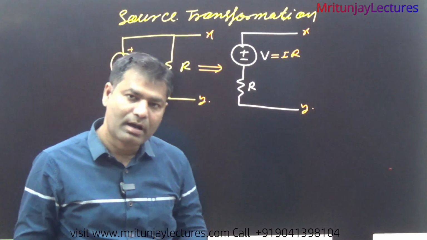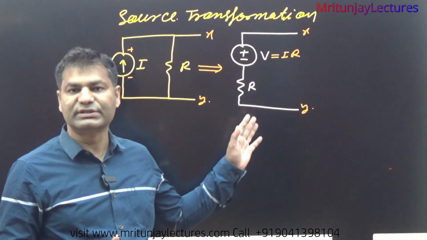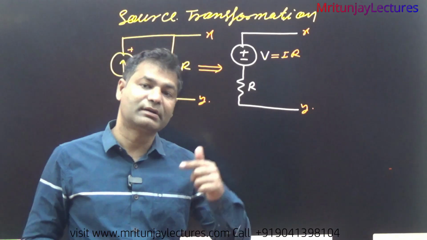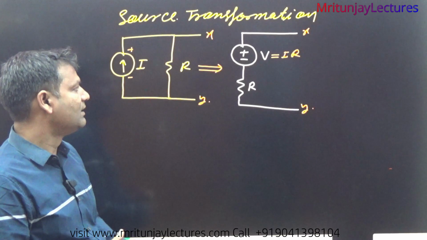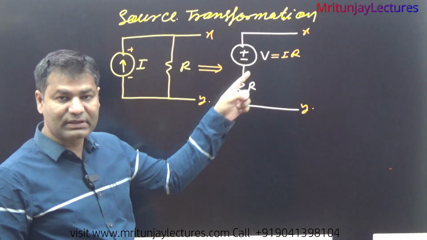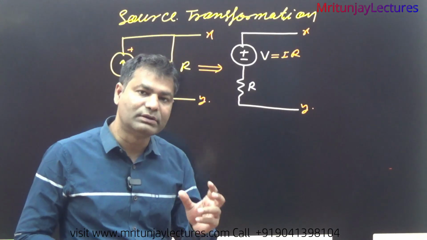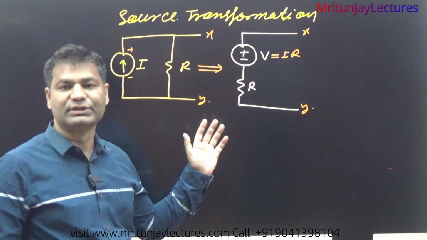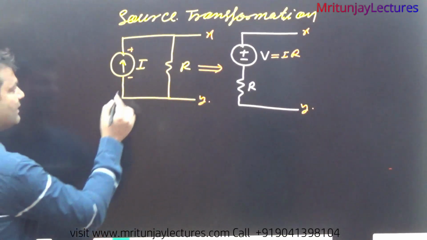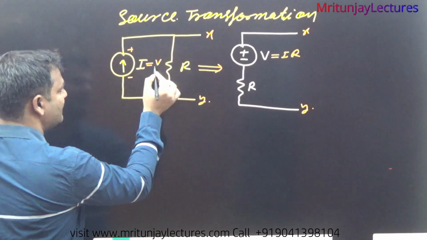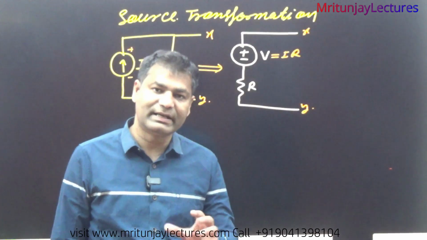Clear? After that, if a voltage source is given and you want to convert it into a current source, how can you do it? Simply, if a voltage source is given like that, with a resistance connected like that, that is a practical voltage source. If you want to convert it into a current source, simply V by R is the current. So simply write V by R. Then how do we decide the current direction?